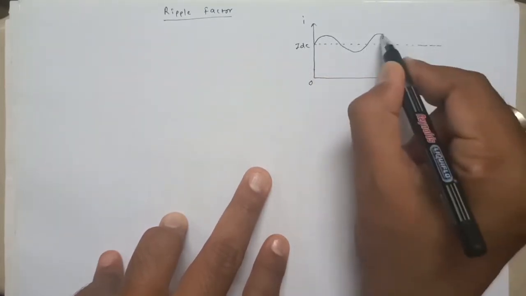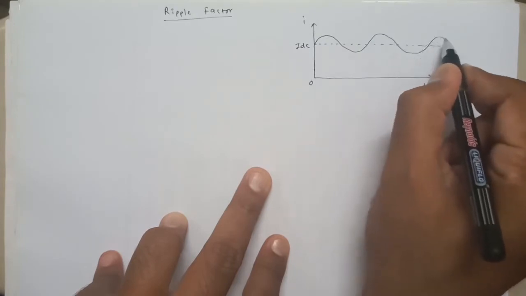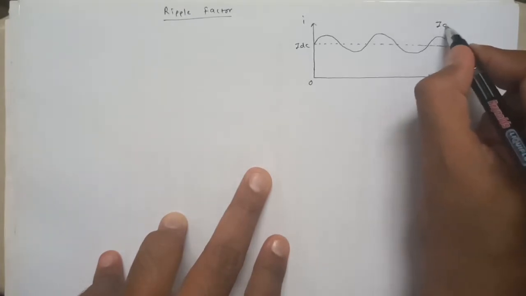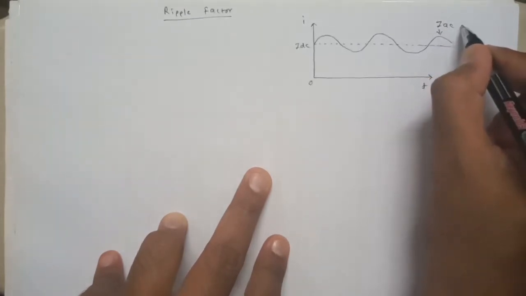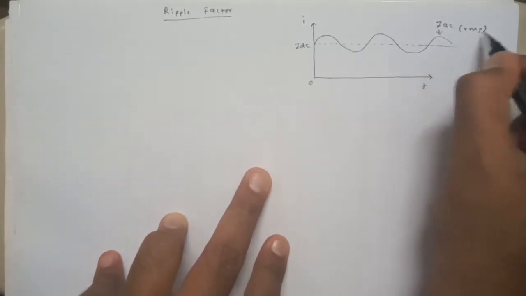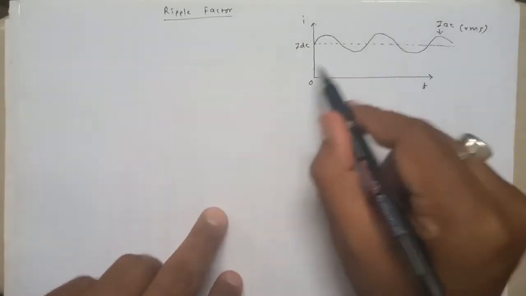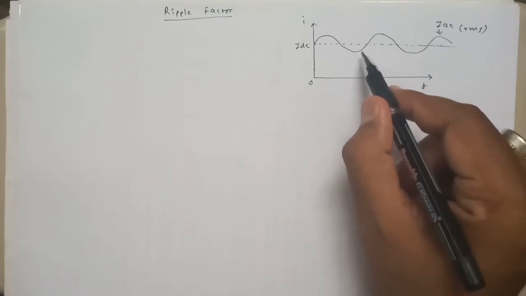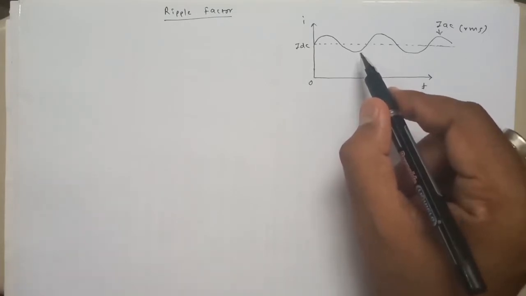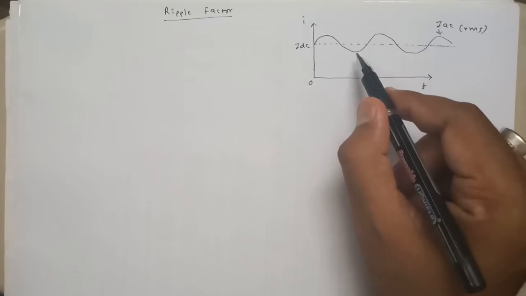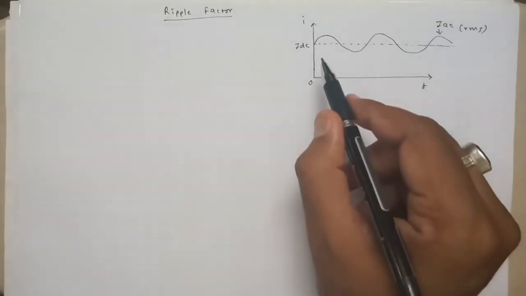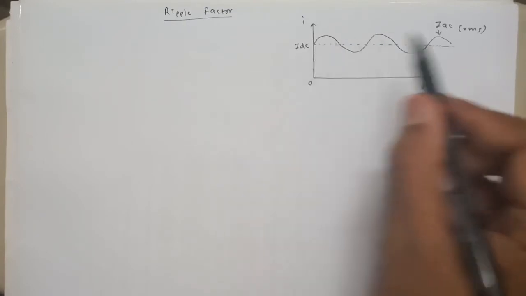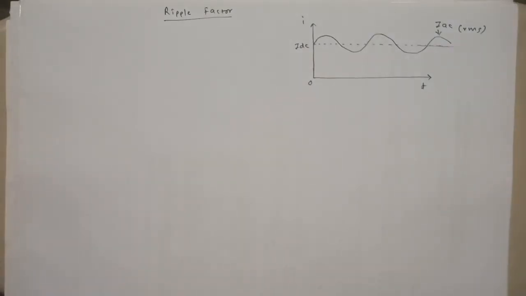In this way this waveform now consists of the DC current as well as the AC. This I can say is the AC, and this is nothing but the RMS value. In this way we can correlate this with the output of the rectifier. This is not actually the output of the rectifier, but we are just using this waveform to understand our concept. Here is a waveform consisting of DC as well as an AC component.